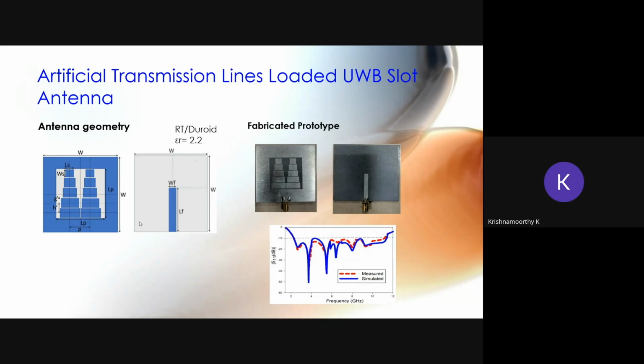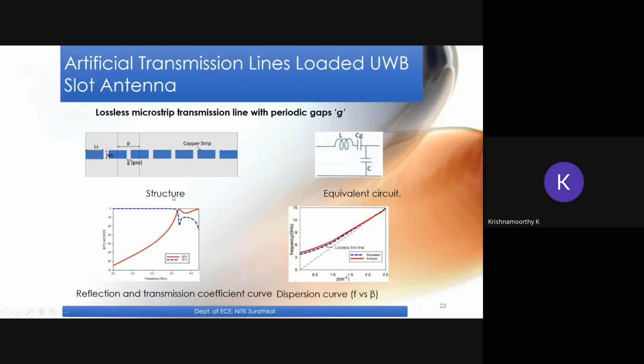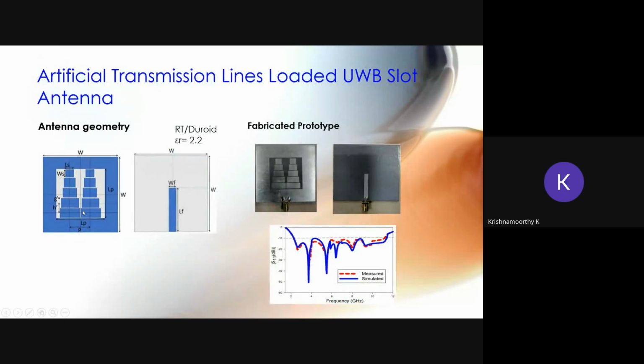This gap variation gives different resonance frequencies, and these different resonance frequencies give the wide bandwidth in the slot resonance. The loading of the artificial transmission line on the slot antenna gives some resonance characteristics in the slot.